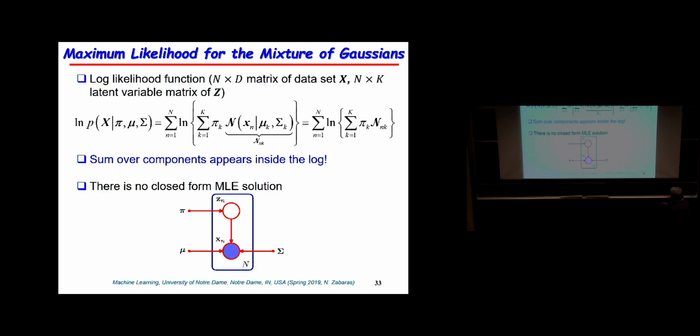So you can see xn, which is given because it's my data point, so I mark it with a dark color here, depends on Zn. You can see Zn depends on pi because that's my prior model, and xn, given Zn, depends on the mean and the covariance sigma.